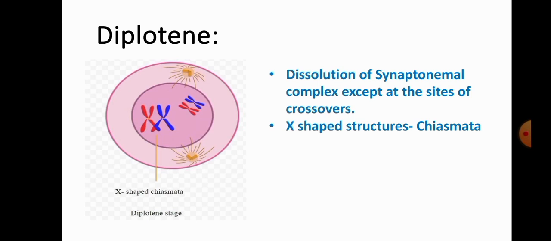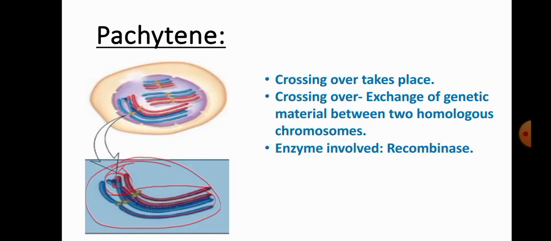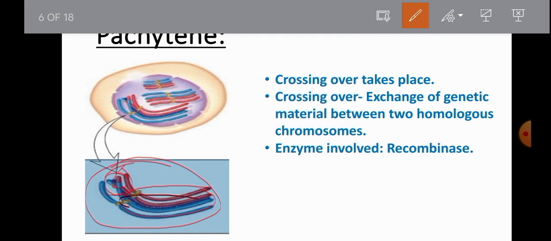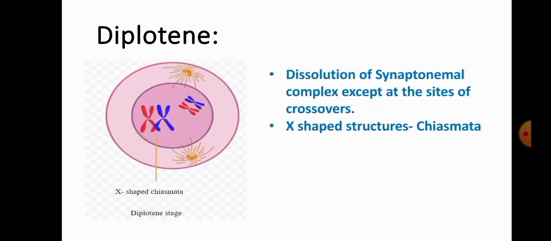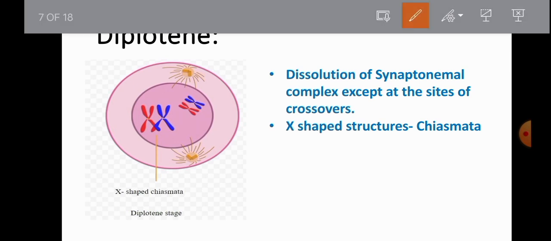And then diplotene. In diplotene, dissolution of the synaptonemal complex occurs. Here you had seen the synaptonemal complex. That synaptonemal complex is dissolved in diplotene, except at the site of crossing over. Except at the site of crossing over, everywhere the splitting of the chromosome occurs.